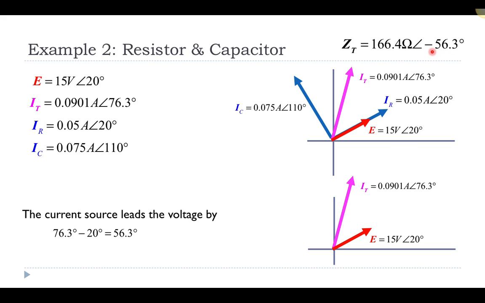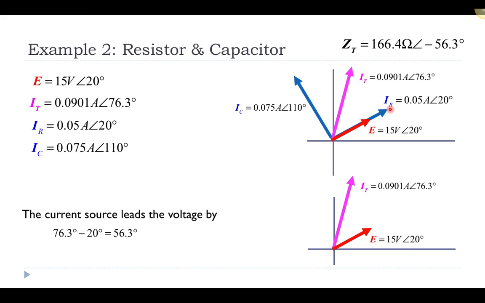So the fact that the total impedance angle was negative 56.3 told us that the total voltage in the circuit lags behind the current by an angle of 56.3 degrees, or we can say, of course, that the current leads by 56.3. But this value, always, the total impedance, is going to tell you how the voltage of the supply compares to the current that's coming out of the supply in terms of leading or lagging, and by what angle.